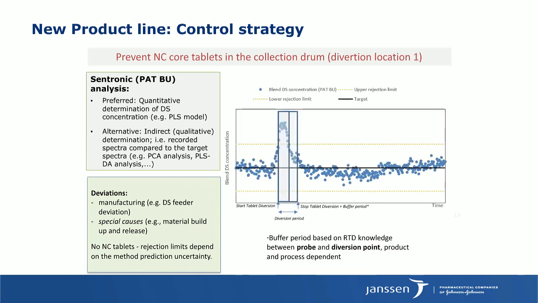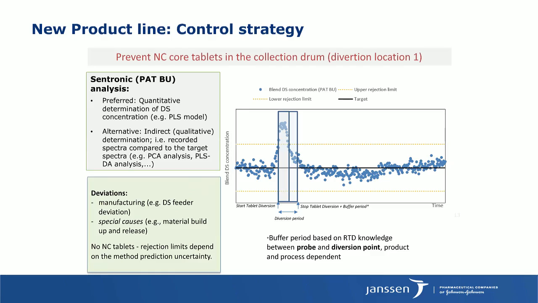So in practice, we will continuously measure, and in this case, every second is a new measurement, and we get results for the drug substance concentration in the blend. At a certain moment, this drug substance concentration goes above the limit, and immediately we will start diverting.